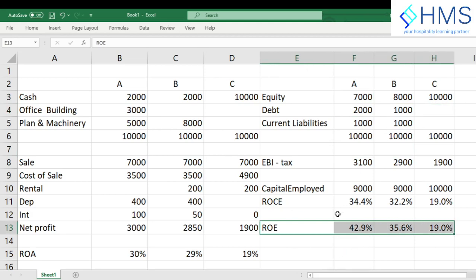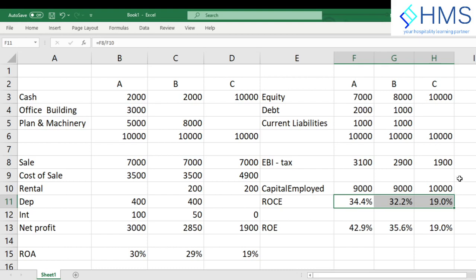Another yardstick you can always use is return on capital employed. You can use this return on capital employed in order to evaluate whether to take more debt and also expand your business. If any project is going to give you a higher return compared to your return on capital employed, it is going to be profitable, meaning it will improve your return on capital employed and also return on equity.